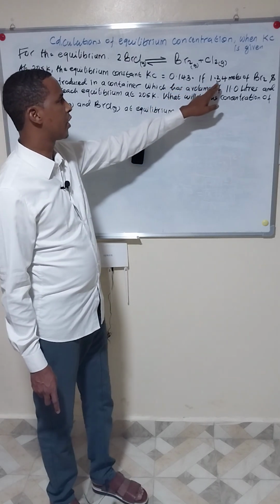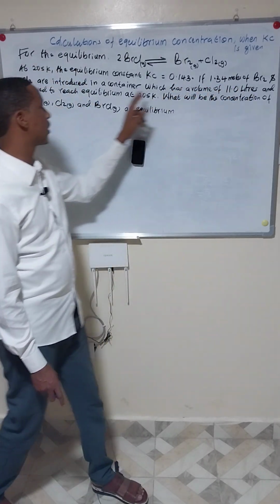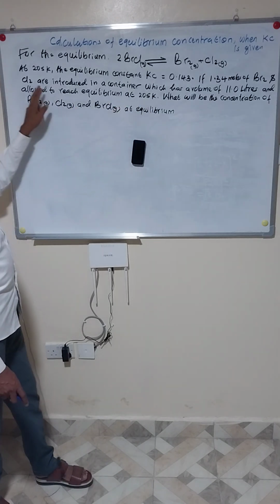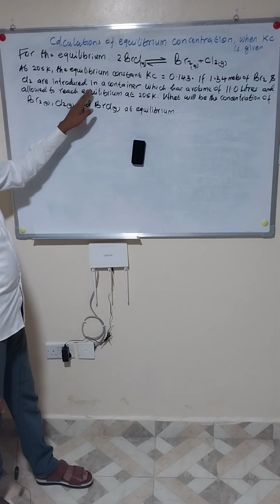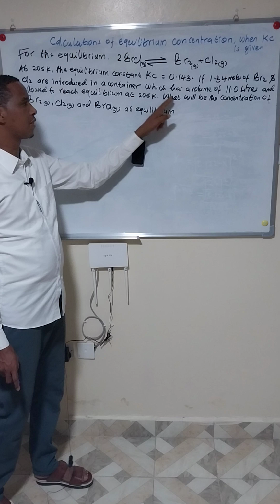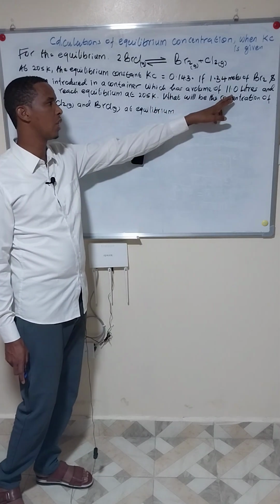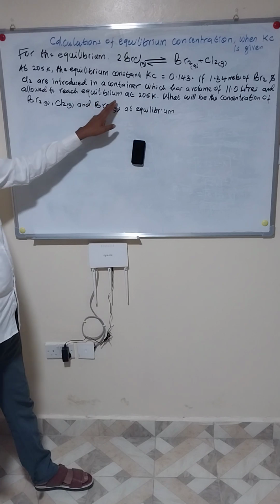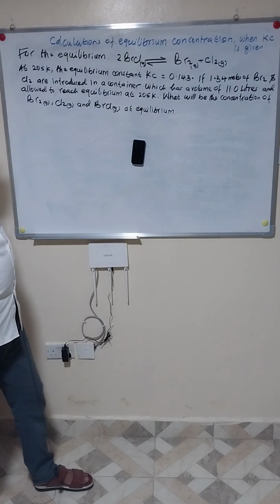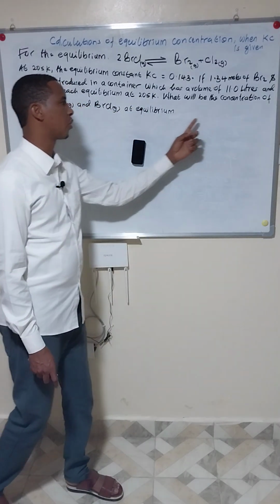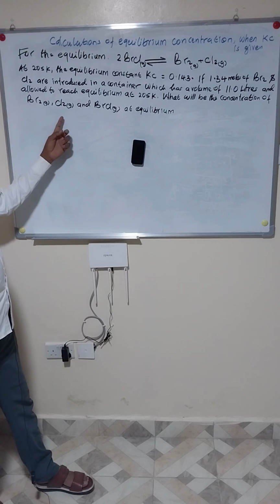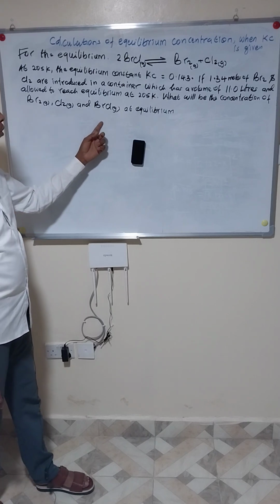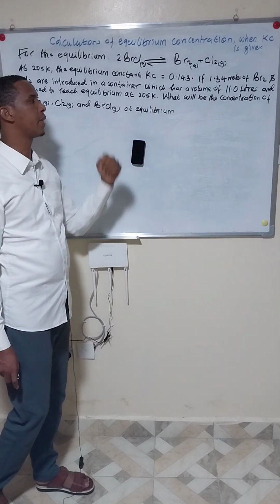If 1.34 moles of bromine and chlorine are introduced in a container which has a volume of 11.0 liters and allowed to reach equilibrium at 205 K, what will be the concentration of bromine, chlorine, and bromochloride at equilibrium?